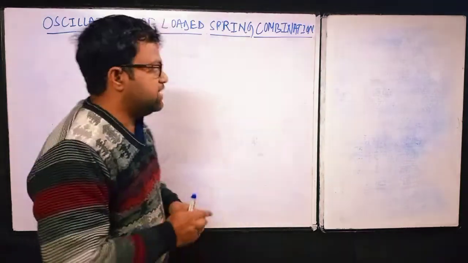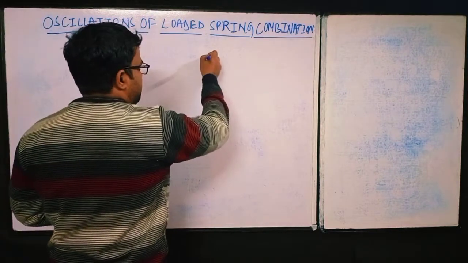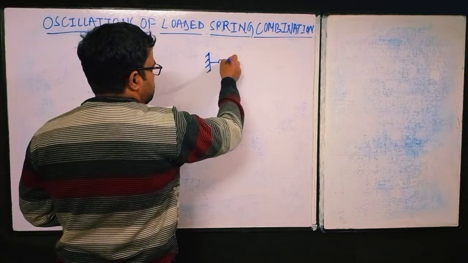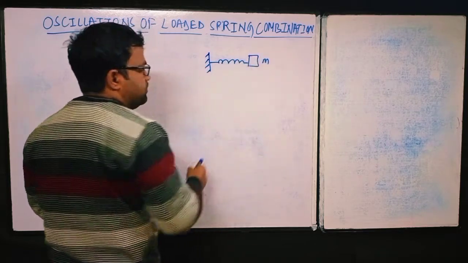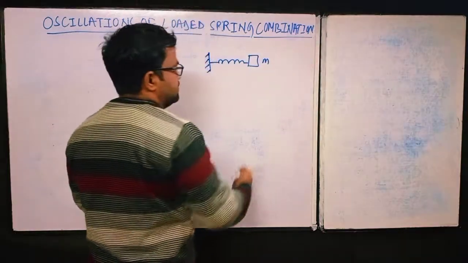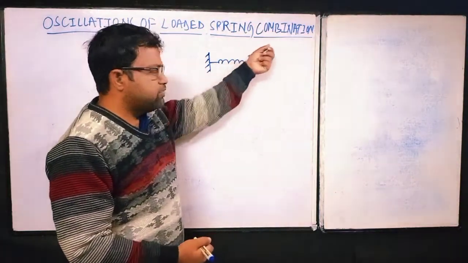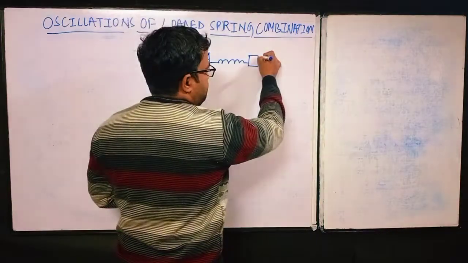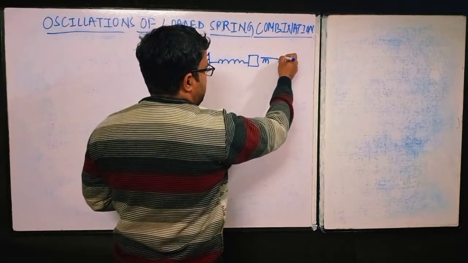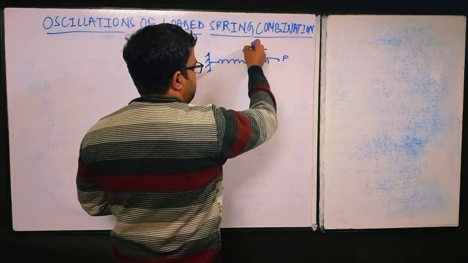That we will basically calculate. So if a spring is connected to a mass m, then we know that if we stretch or pull it, there will be a restoring force. That means the spring will pull us back in the opposite direction. So if we are putting a force F to the right side, the spring will also pull us back with a restoring force.